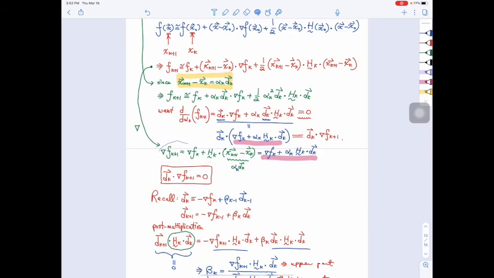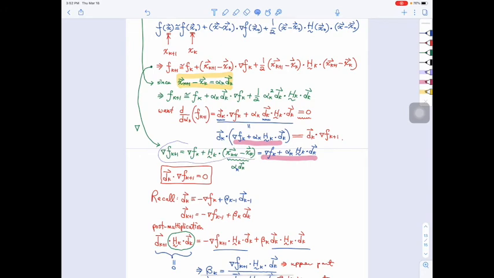If you remember here, dk dot product gradient f k plus 1 is 0. Okay? It's right above, right here. It's right here.